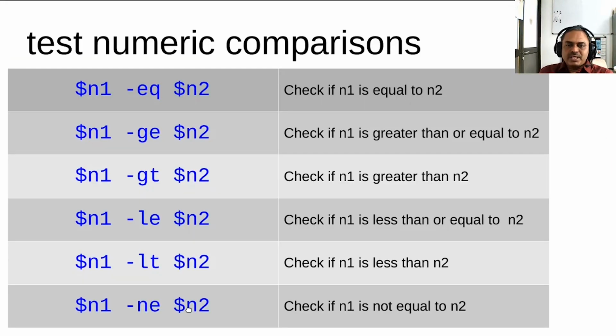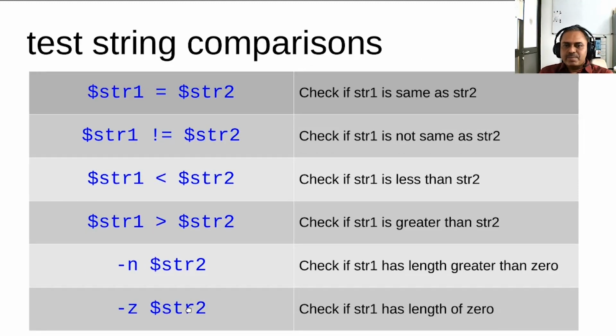Now the numeric comparisons are as rich as you would have in any other programming language. So you could ask whether two numbers are equal or greater than or less than, and so on. And the string comparisons are also equally rich. You could also ask whether the strings are the same or they are not the same, whether the string 1 is less than the string 2 as compared to the position of those characters within the collation sequence applicable for that particular shell.